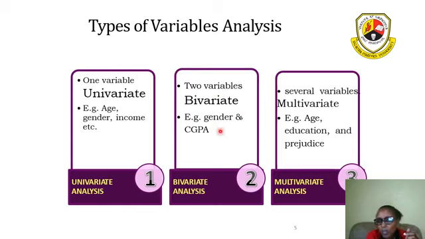We're comparing the gender and the grade they may have fallen into at their O or A level. So those are two variables. Then you have multiple variables. If you're looking at the participant's age, education level, and their prejudice to something, maybe acceptance of ICT or something like that, so that's multiple.